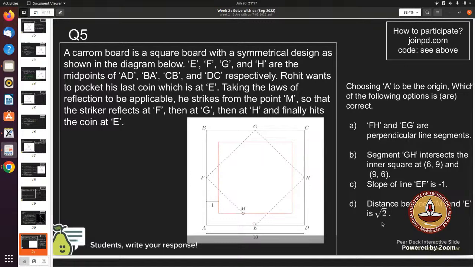Now, are FH and EG perpendicular to each other? What is the equation of FH?